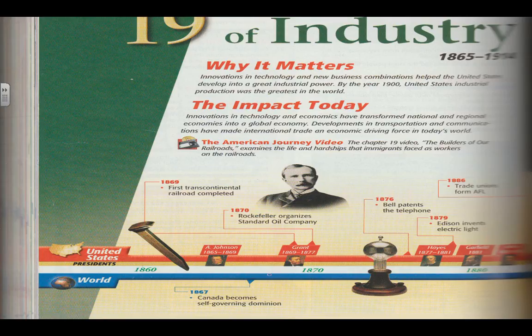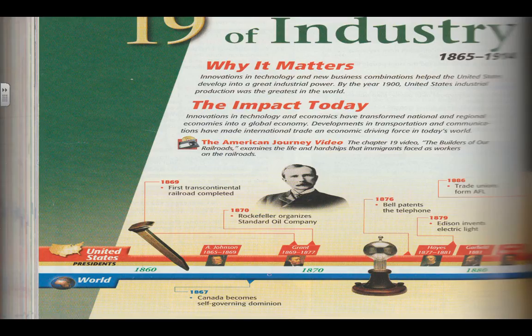So very quickly, from 1865 to 1914, this encompasses a little bit of length, and like I said, our next test will be that week of October the 10th, along with the same week that your family history project is due, and it will be combined over Chapter 19 and 20. 20 is about coming to America, and 19 is about inventions. Some of those go hand in hand.